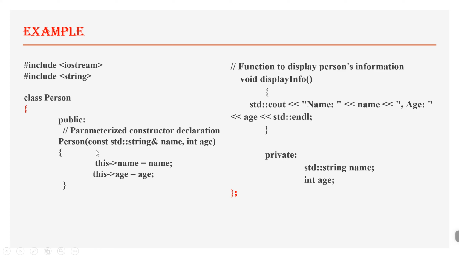But here, see, I'm declaring const std::string name, integer age. So here I'm defining the parameters. What are the parameters? Name and age. Name is a string, age is an integer.